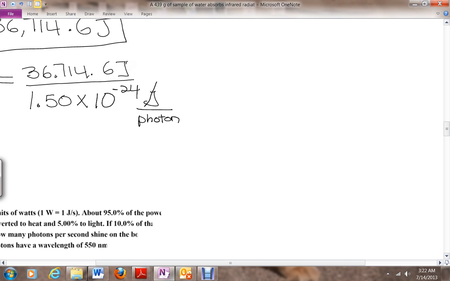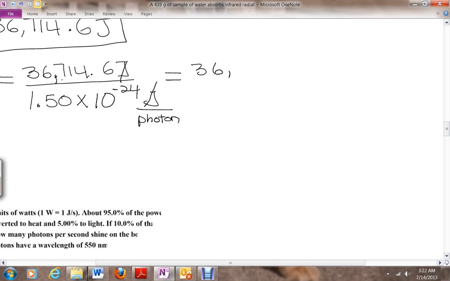And joules cancel out, so it's giving me the number of photons. How I do it, I take the 24 up and I divide. Let me do it real quick.